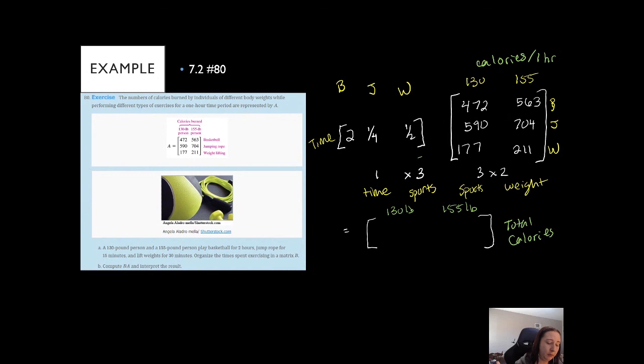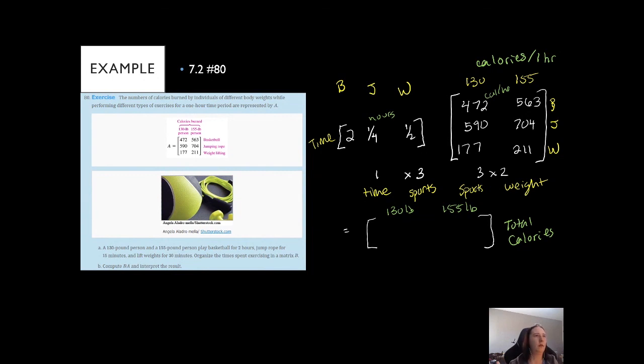We're going to be multiplying the number of hours. Our numbers that we're multiplying are hours times calories per hour. So you can see when you actually multiply those inside numbers, hours times calories per hour, the hours cancel, our answer is going to be calories. And that's going to be for the total time spent exercising that they did.